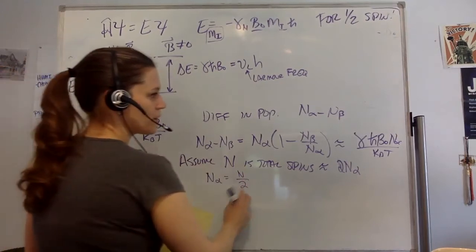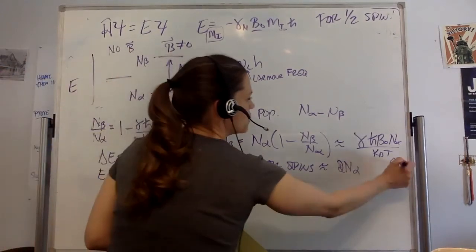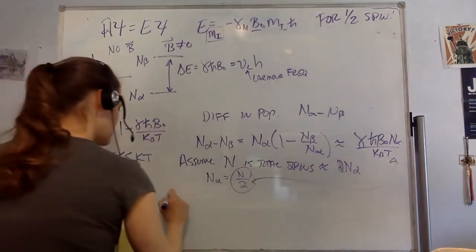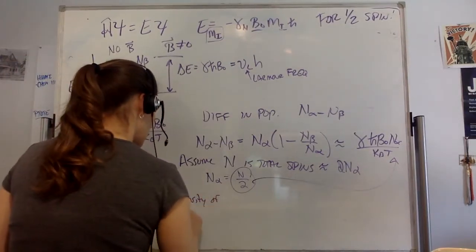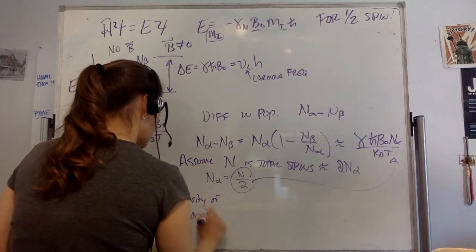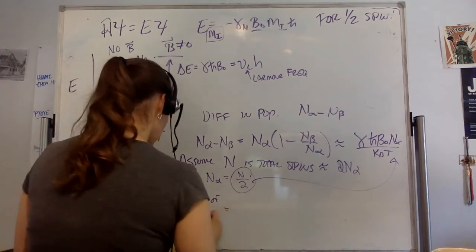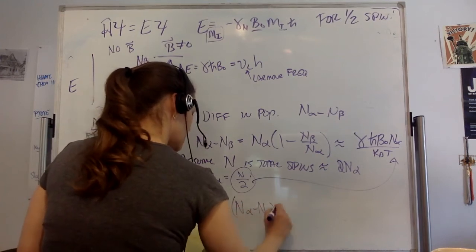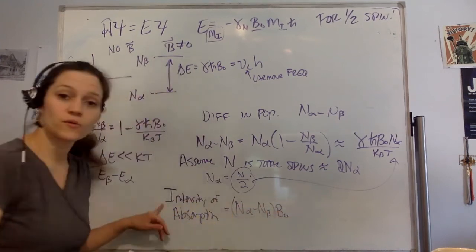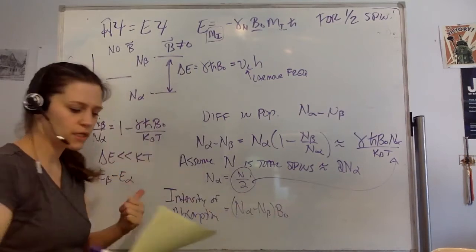If I make that approximation, stick that in there, and my intensity of absorption is equal to N alpha minus N beta times B0. I wrote this on the board a couple minutes ago.